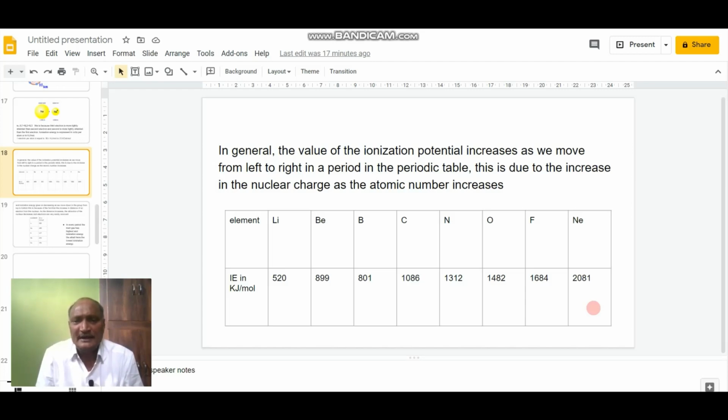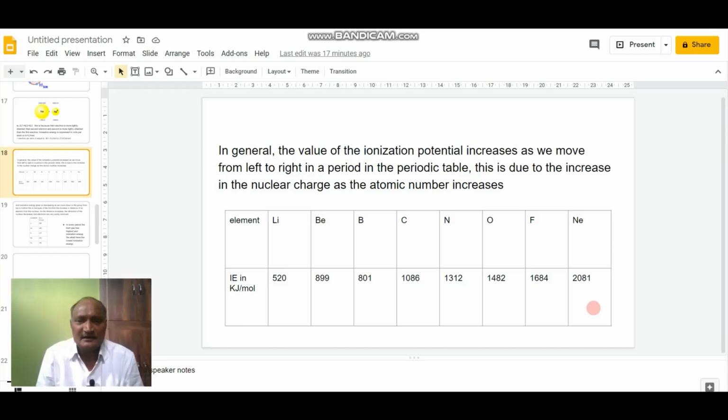Boron is 801. Carbon is 1086. The ionization energy value of nitrogen is 1312. That of oxygen is 1482. Fluorine is 1684, while that of neon is 2081. The values given in the table indicate the first ionization energy of the respective elements.